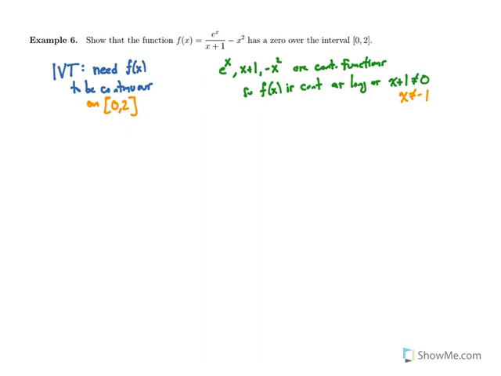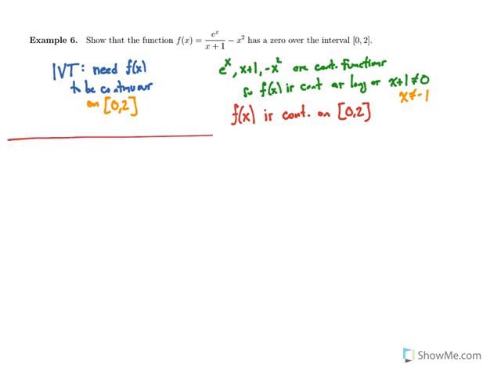That's not in the interval 0 to 2. So f of x is continuous on the interval 0 to 2. And that's just because we know that exponentials and polynomial functions are continuous. And if we add, subtract, multiply, or divide, we get continuous functions as long as the denominator is not 0.